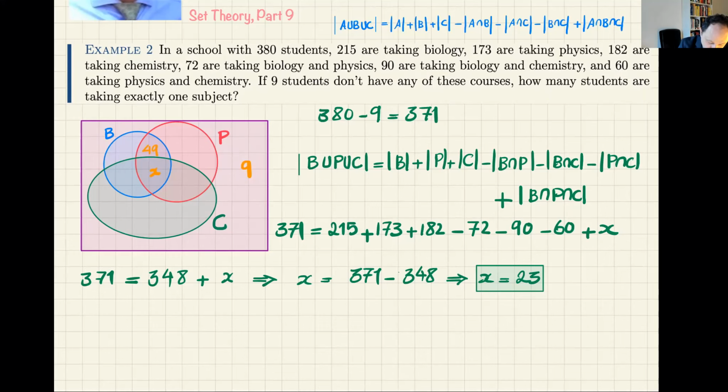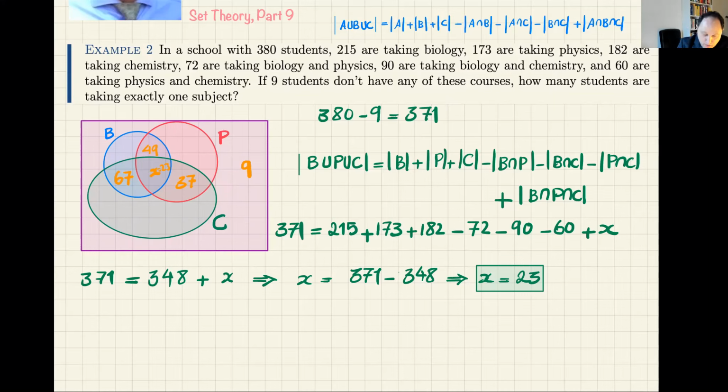So this becomes 67. And then I go here to find this part. I need to consider the intersection between physics and chemistry. How much are there? 60 in physics and chemistry. 23 of them are here. So 60 minus 23 is 37. So I write 37 here. And I can also make it clear that this is 23.